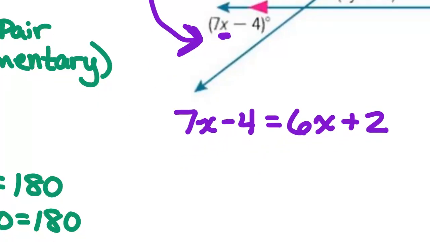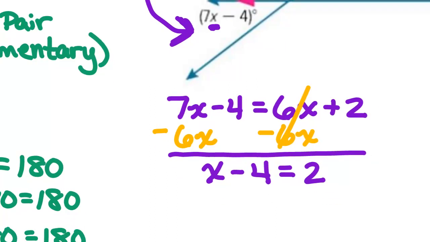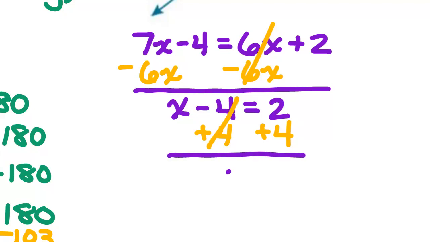Got to get my x's to the same side, so I subtract 6x from both sides. 7x minus 6x gives me 1x, so 1x minus 4 equals 2. And then I add 4 to both sides. X is 6.